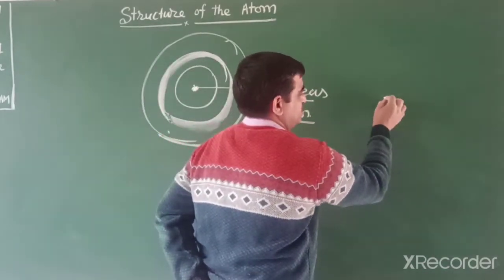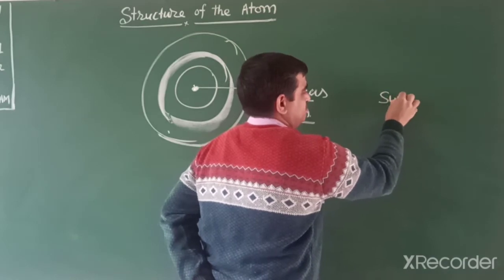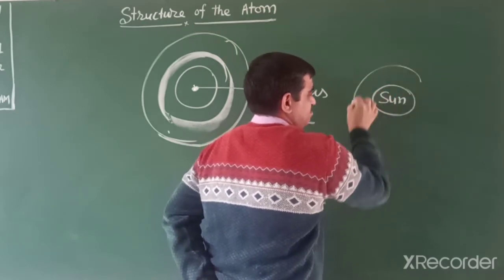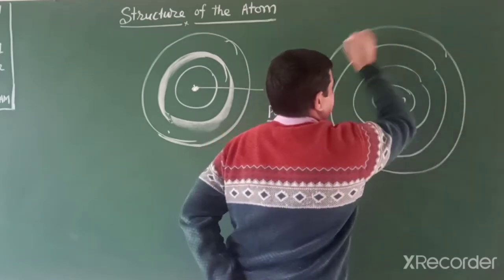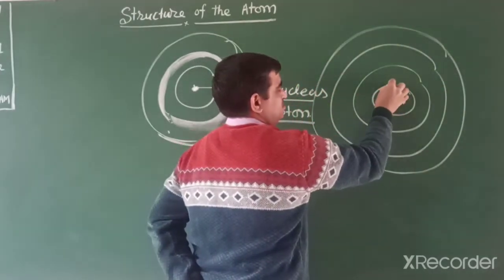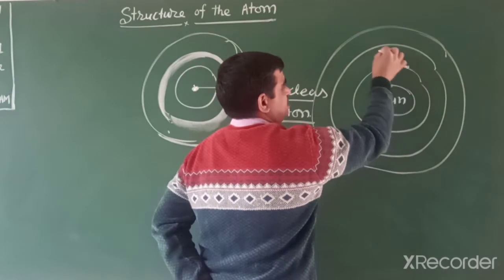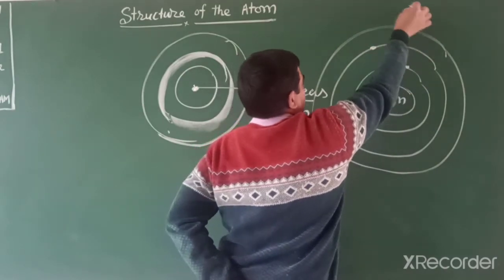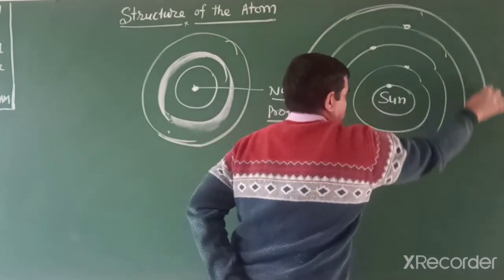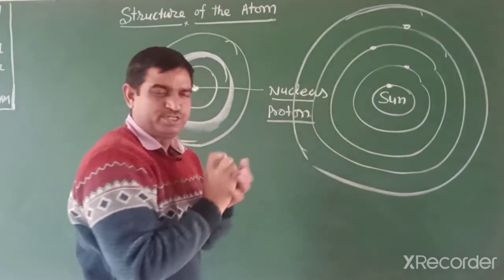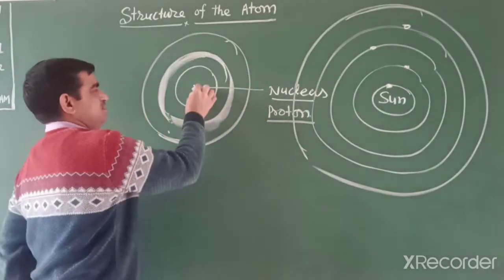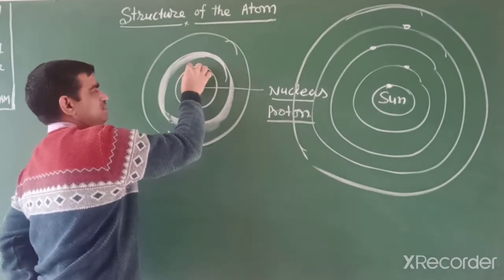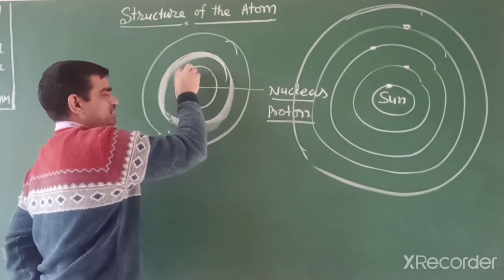Students, in the solar system, what happens? The center has the sun, and planets like Mercury, Venus, Earth, Mars revolve around it in fixed paths. There is a force of attraction between the sun and planets. In a similar way, there is attraction between electrons and the nucleus.